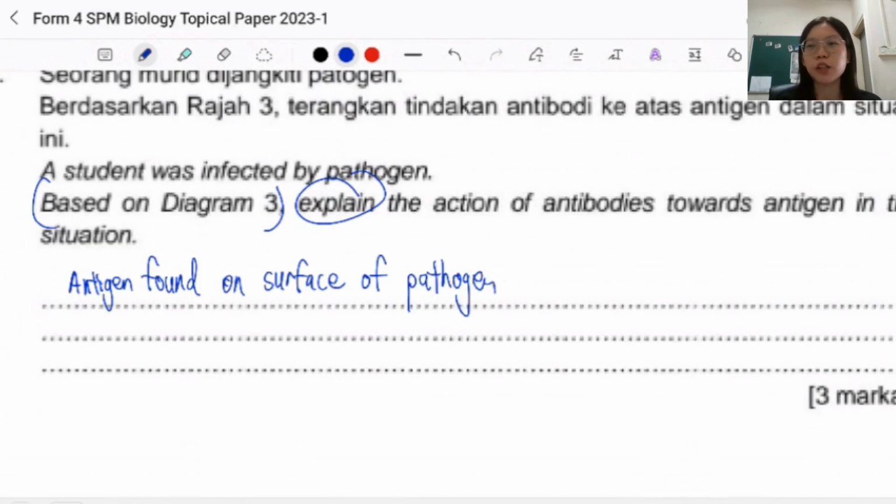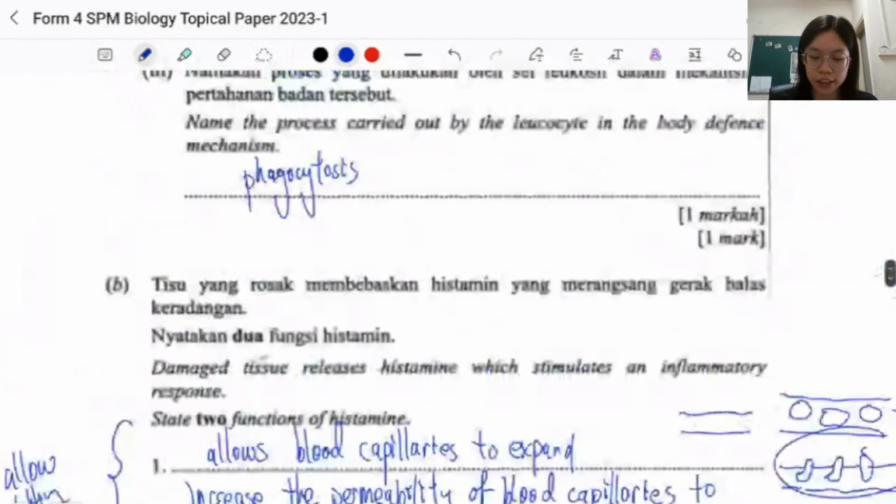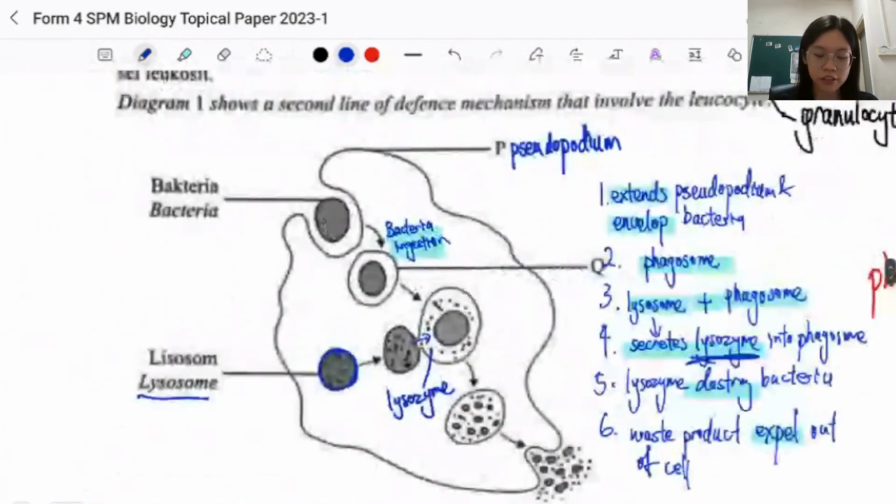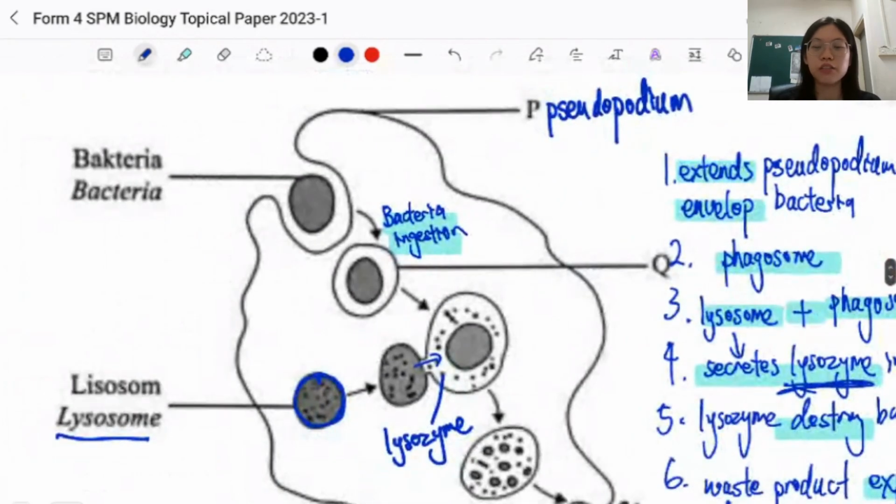Unless the question mentions it's a bacteria, then you just write bacteria. Like just now, this one is actually a bacteria, because they directly told you. But if you are unsure whether it's a bacteria, virus or microorganism, just write the most general term, which is pathogen.